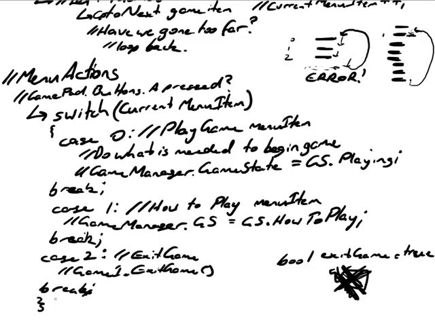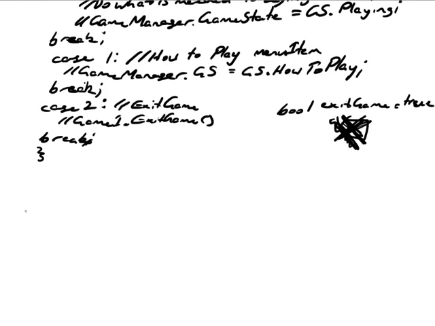And then that just leaves us with the menu manager's draw, which is taking in a sprite batch. Now, what the draw does is it draws in the background of the menu.